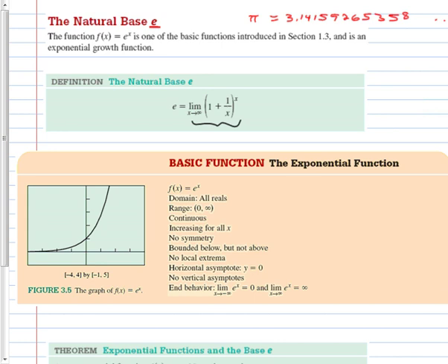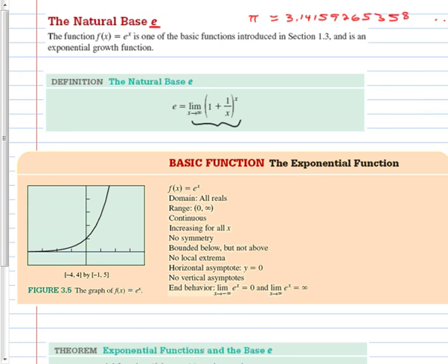Notice it says you take the limit, which means I just keep going, making my x's approach infinity with this equation, 1 plus 1 over x, raised to the x. And if I make my x's bigger and bigger, I get the value of e to more and more decimal places. So when do I reach the end of e? Well, I don't, because I can just keep raising that x to a higher and higher power.